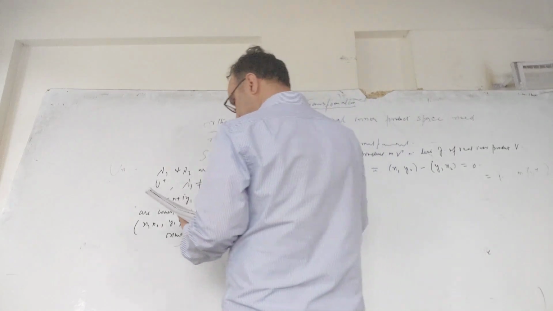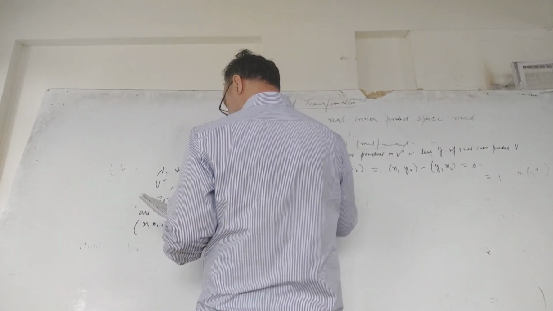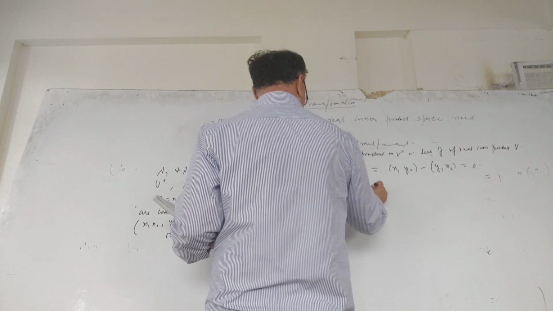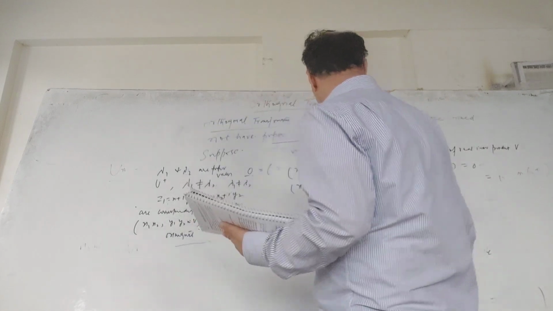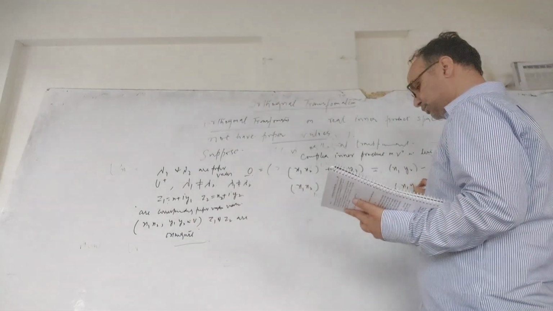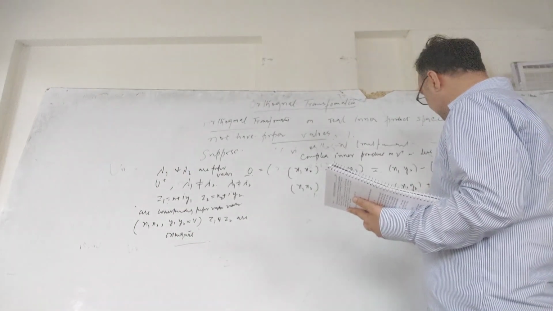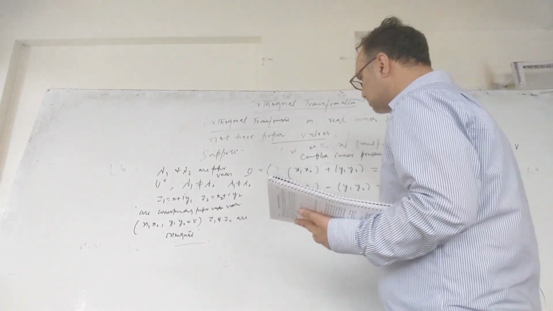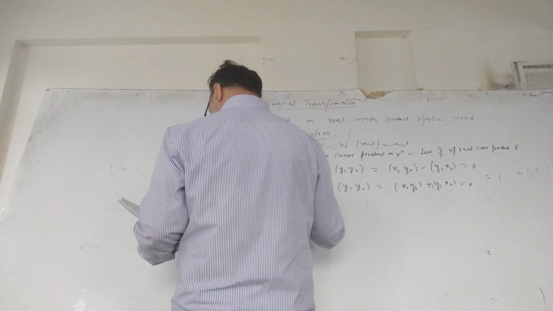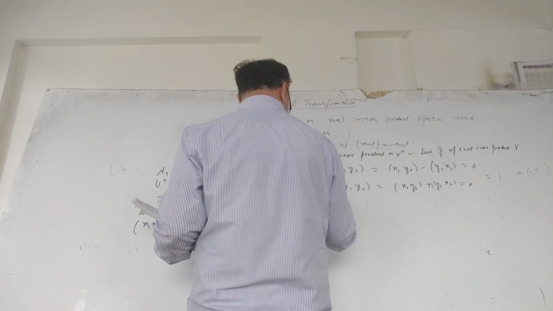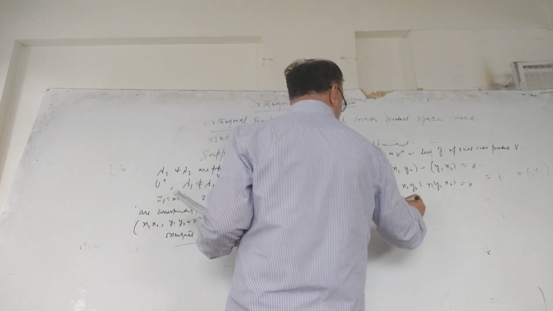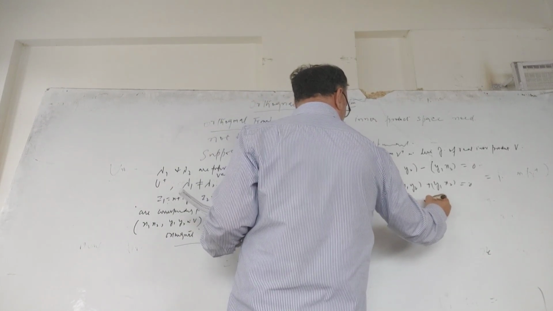In the same way, x1 x2 minus y1 y2, and x1 y2 plus y1 x2. So this means x1, x2, y1, y2 are pairwise orthogonal.